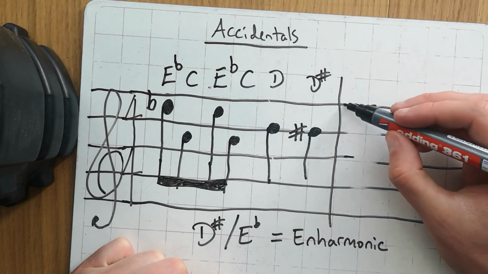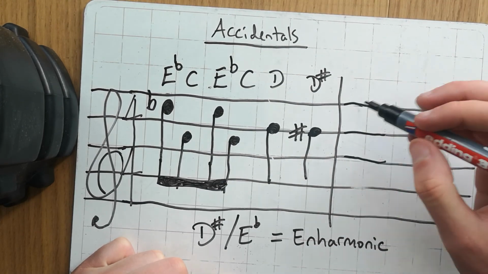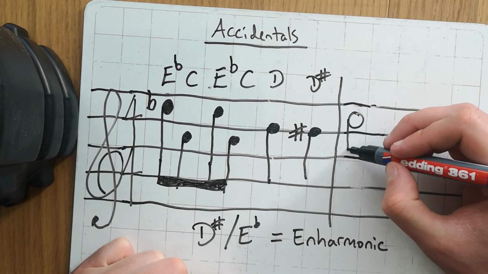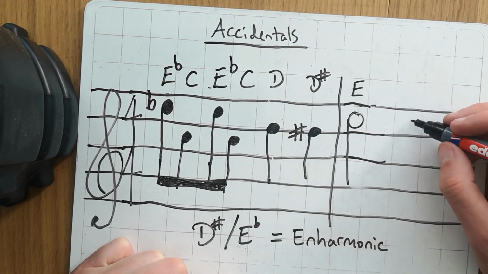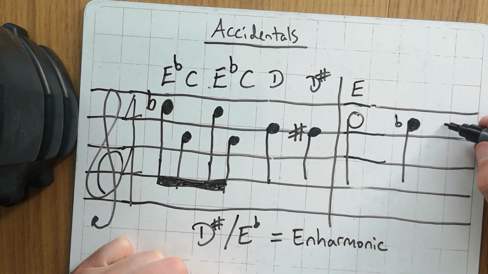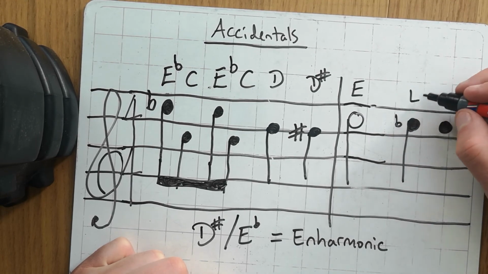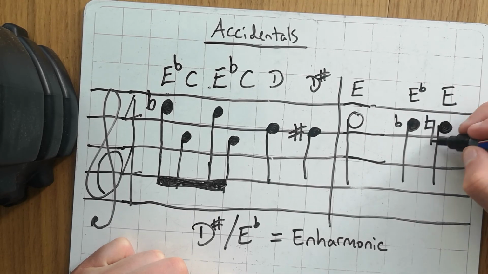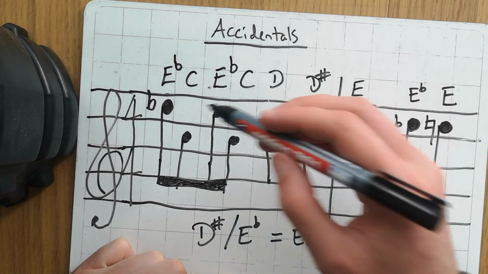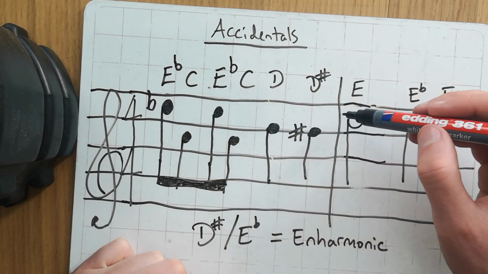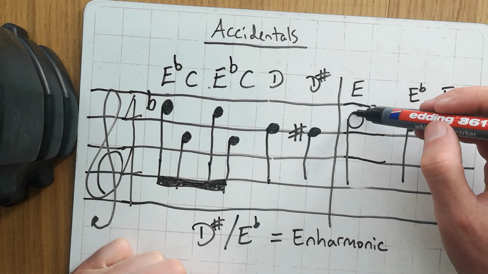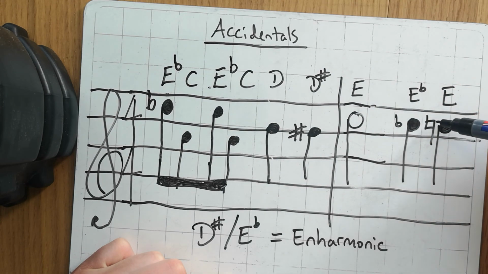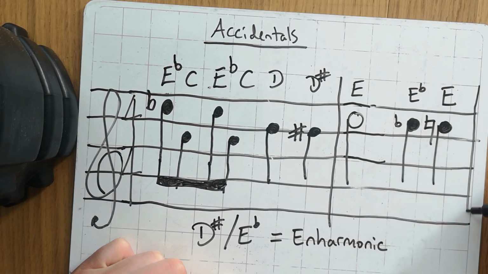Okay, if I was to go, for example, E, E flat. Now if I want that to be an E, I have to put a natural symbol there, okay? Because the symbols apply the whole way through the bar and then they stop applying, but they also stop applying if something cancels them out like a natural symbol, okay? So these are accidentals.